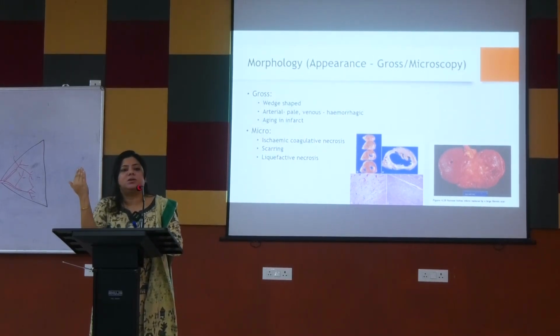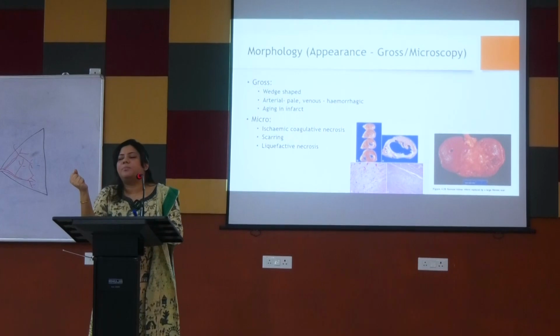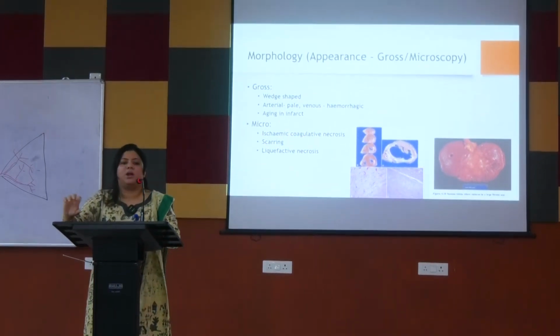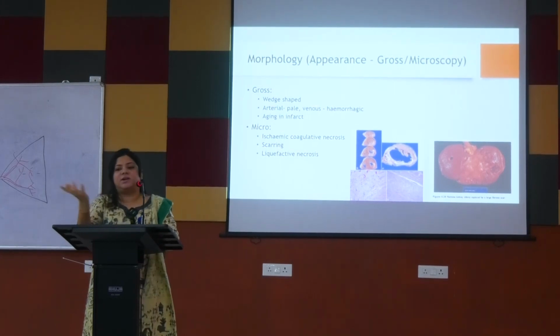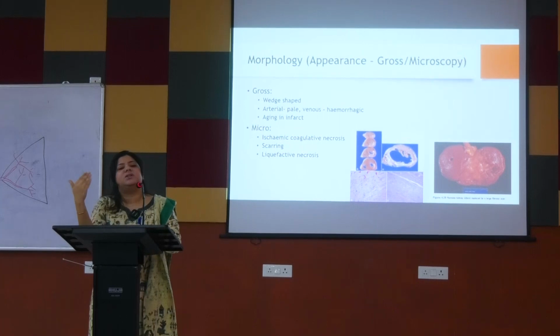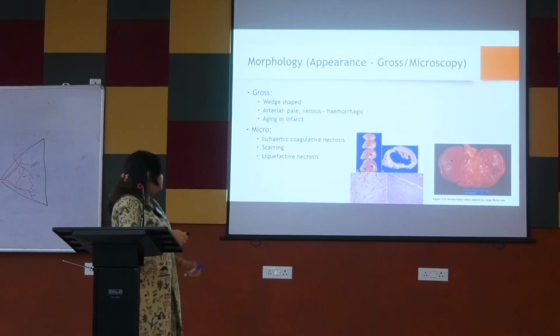Whereas in case of venous occlusion, because it is already congested, say in a plant, as in the first example that I took, you are watering the plant, you go on watering the plant, the soil will become muddy. So the same thing, it will be congested. In case of venous occlusion, it will be congested. So it will be red infarct.